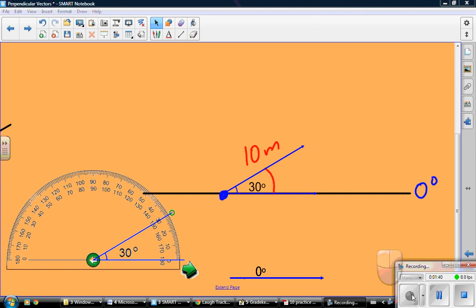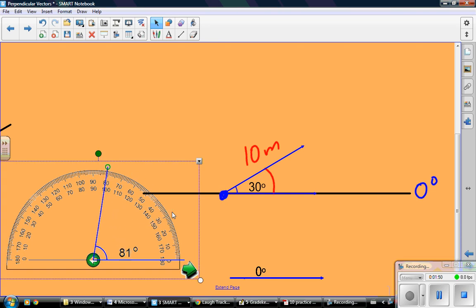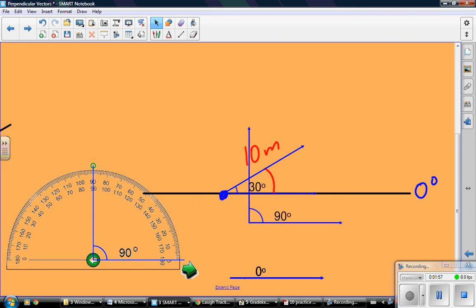Just like the other ones, we can add another vector to this. So if we went 10 meters at, I don't know, 90 degrees, we can go up to 90, add another vector. Now notice, I like how this one does it.